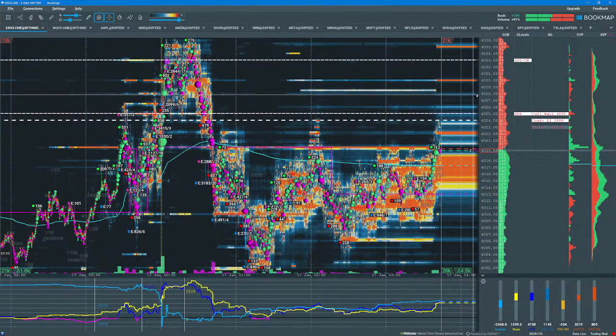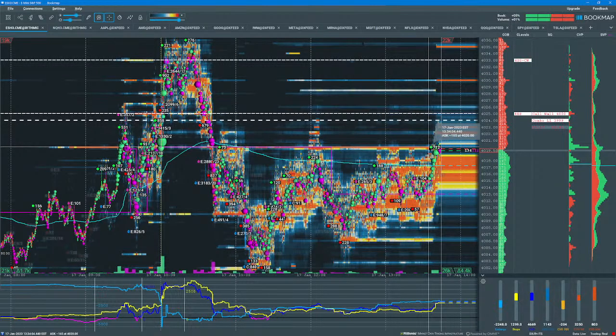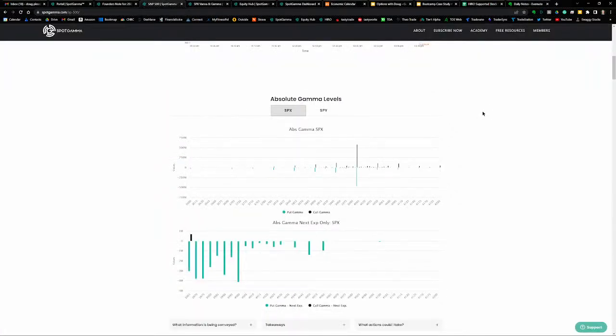Okay, back to Bookmap. So again, right now, SPX is trading just at or below the 4,000 level. And again, there are no significant shifts in levels other than the shift slightly higher in the SPX volatility trigger. Let's take a look at the absolute gamma levels for SPX now. And again, this is just going to emphasize the importance of that 4,000 level.